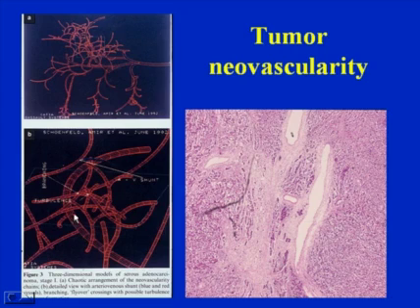There's arteriovenous shunts, there's a tangle of vessels, as we can see here, and these vessels lack a muscular media, as shown histologically here.